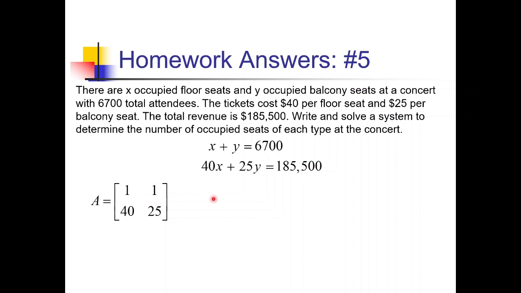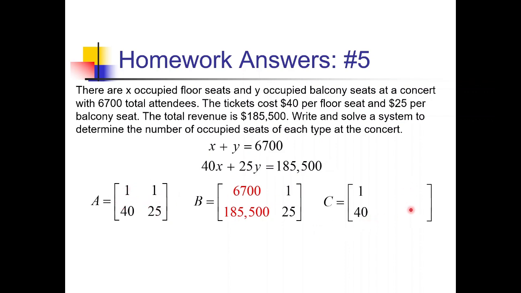So I'll still have the 1 and the 25, but now I'm going to replace the 1 and the 40 with 6,700 and 185,500. And for my C matrix, I'll do pretty much the same process, but this time for my A matrix, I'm going to replace the 1 and 25 in that second column, the Y column, with these two constants. And I'm going to do all of this with the matrix calculator, so let's go ahead and enter these in that calculator.